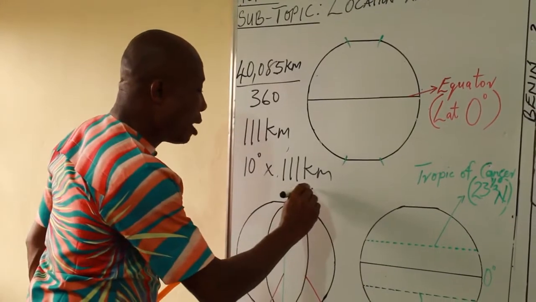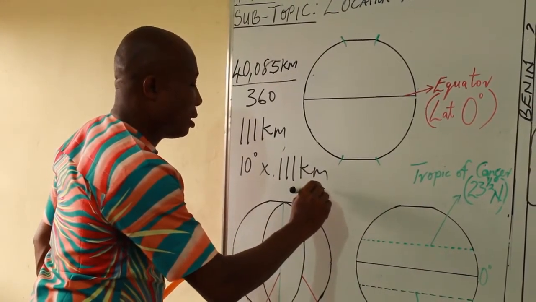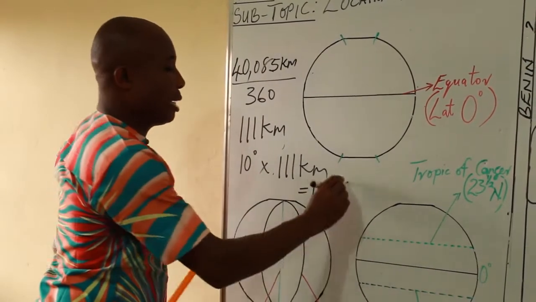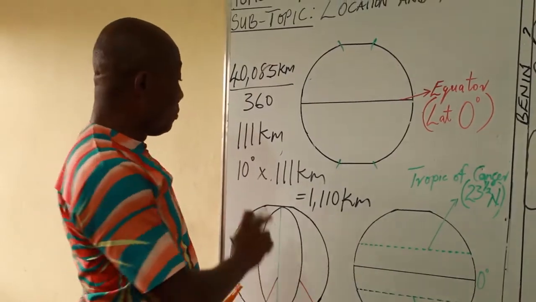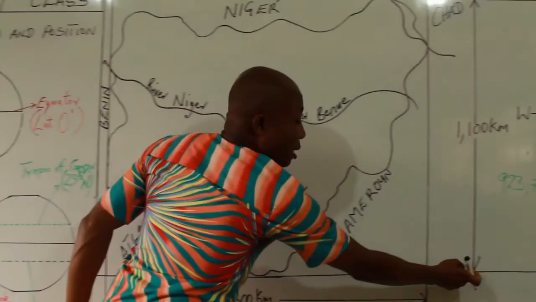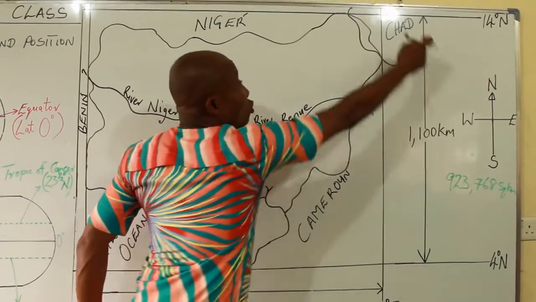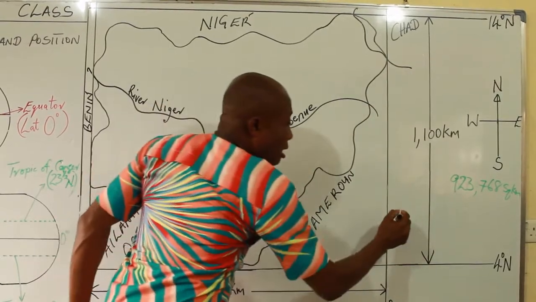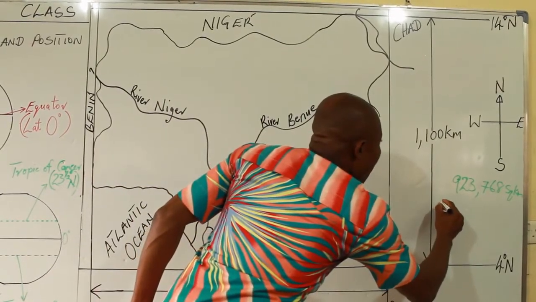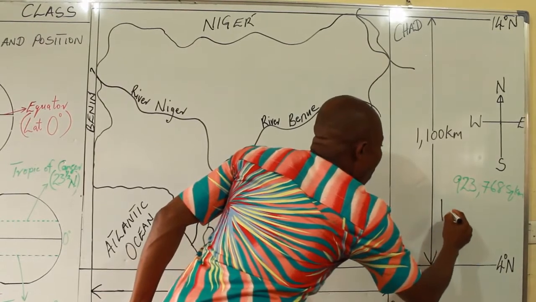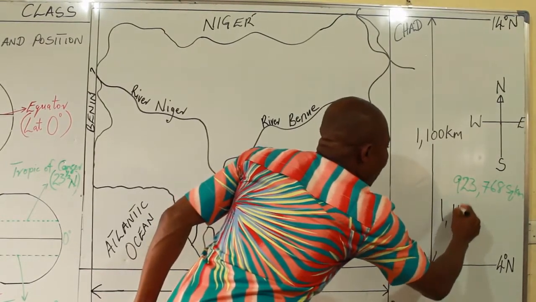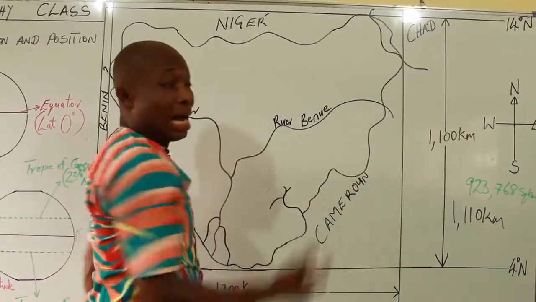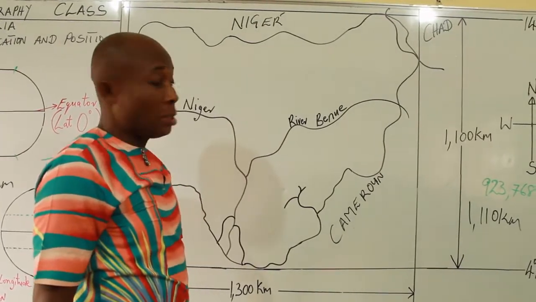You just have 1,110 kilometers. That means from this 4 degrees north to where Nigeria ends, if you are moving, it's just a distance of 1,110 kilometers. It's an approximation. Okay.